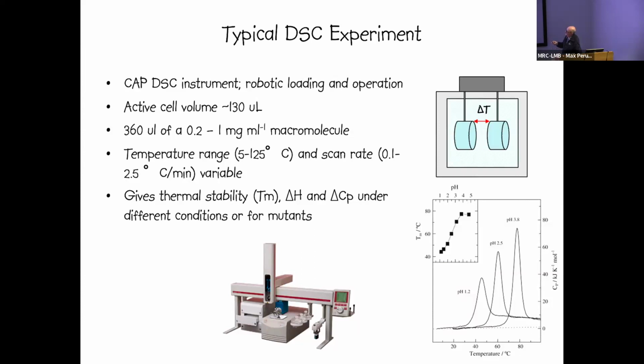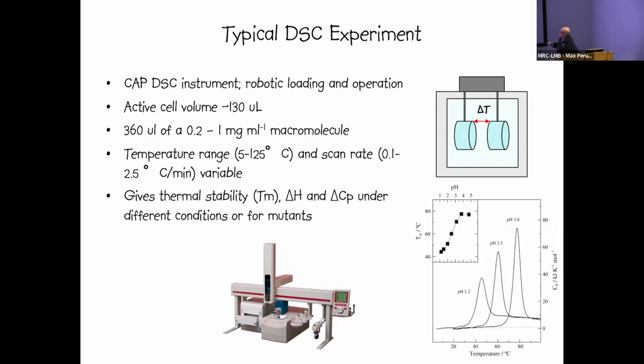The active cell volume is 130 microliter, but we need about 360 microliter of a solution, about 0.2 to 1 mg per mil of our macromolecule that's going to undergo some sort of thermal phase transition. Again, it's using a lot more than the active cell volume, but that's because of the robotics needed to load and fill and clean the system.